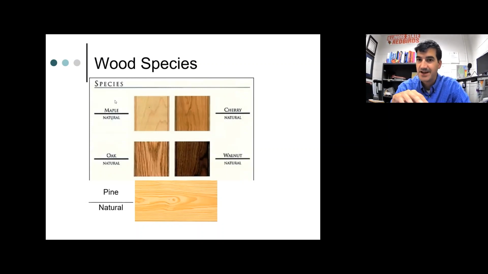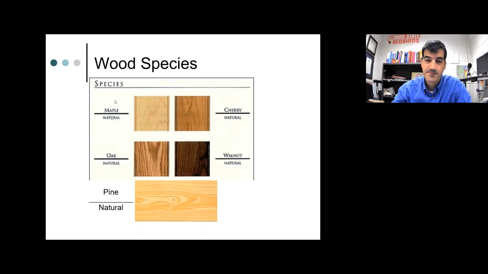Cherry's not really a hardwood, but it's a little harder than most softwoods. Pine is definitely a softwood. And if it's a softer wood, that speaks to its mechanical properties as well. Generally speaking, things like maple and oak and walnut are stronger in tension and compression and flexure than softwoods are.